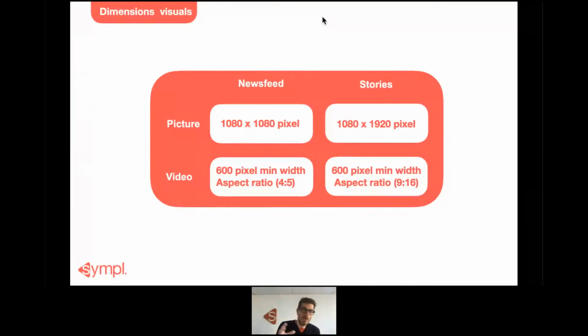So you will not get a warning from Facebook, by the way. You can just always upload any picture. But it's very important to keep in mind that ideally you develop the pictures in these formats and also upload them in these formats to make sure that you have the best visual experience, or at least your candidates have the best visual experience when they see your campaign.